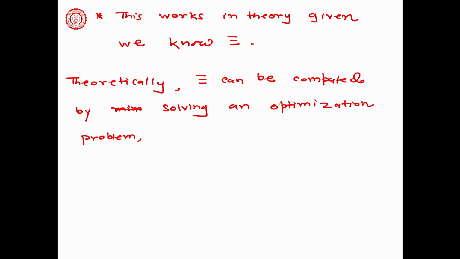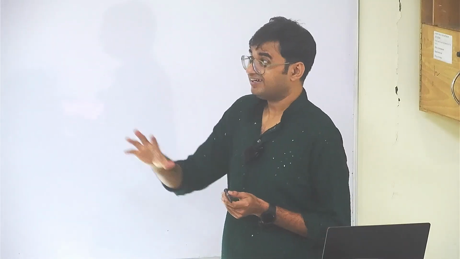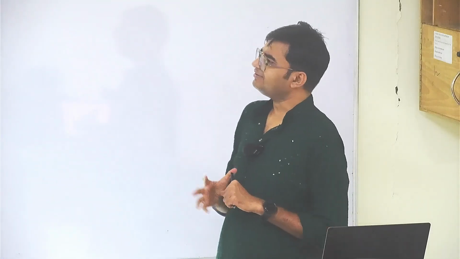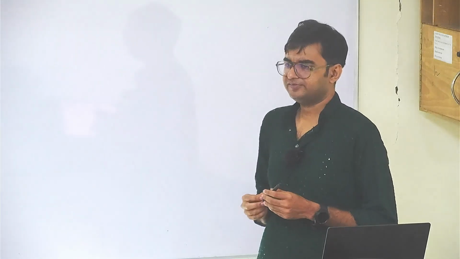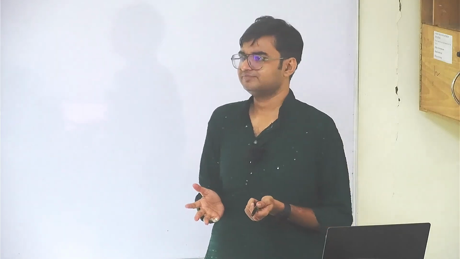But the question is, what do you think this optimization problem should look like? Can you think of something? What is the ideal xi, if I may ask you? What you think is an ideal xi? As close as possible.